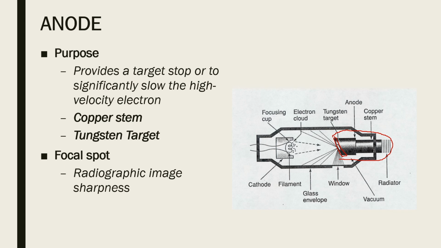The copper stem is set at a 20-degree angle facing the cathode. On the target, which is made up of tungsten, you will find a rectangular shape focal spot.